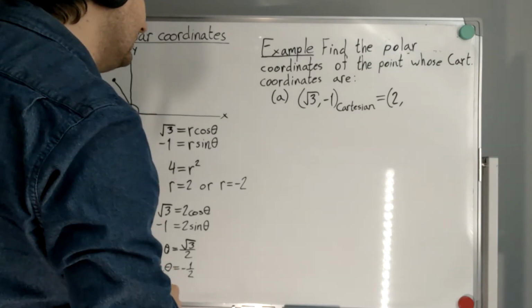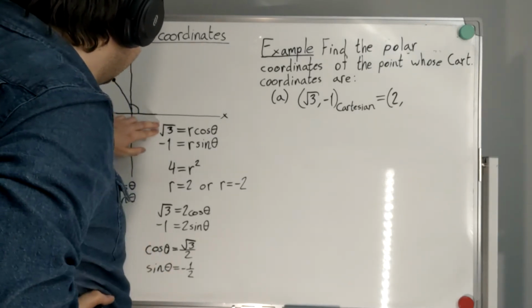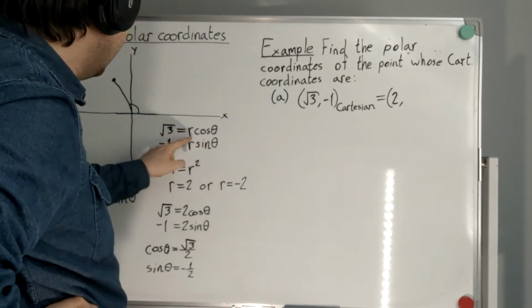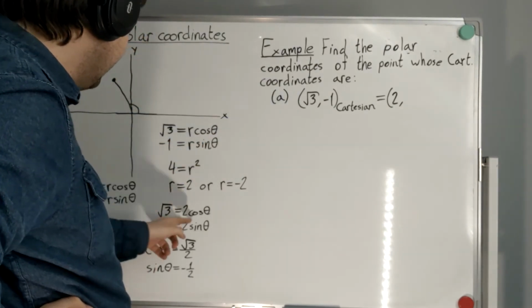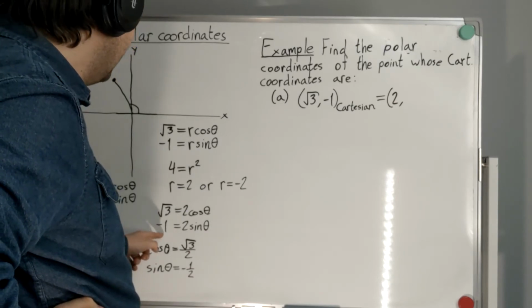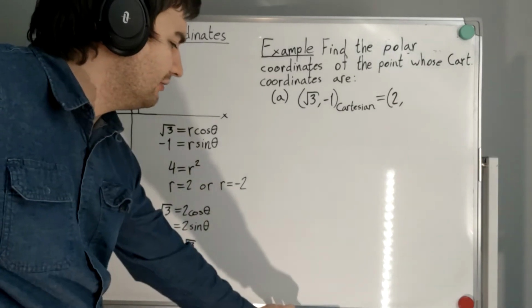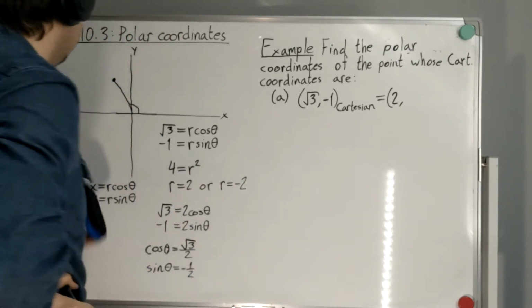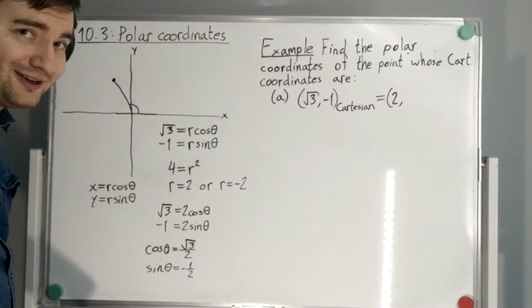Wait, no. If we're saying root 3, which is the x-coordinate, is r cosine theta, and that becomes 2 cosine theta, and then negative 1 is the y-coordinate... Oh, well, yeah, that would be because I stupidly graphed it incorrectly.